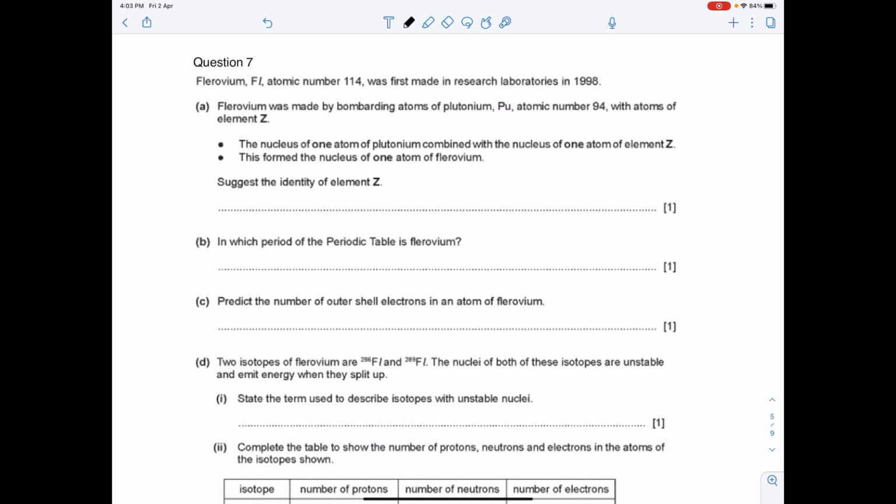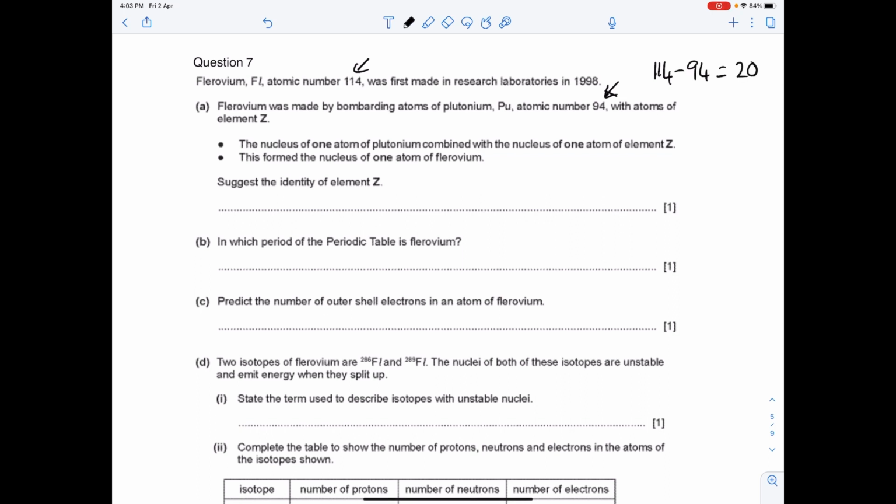Suggest the identity of element Z. Well, it's already given us enough information. It says that the atomic number of flavorium is 114. It says that the atomic number of plutonium is 94. So the difference between 94 and 114 is 20.